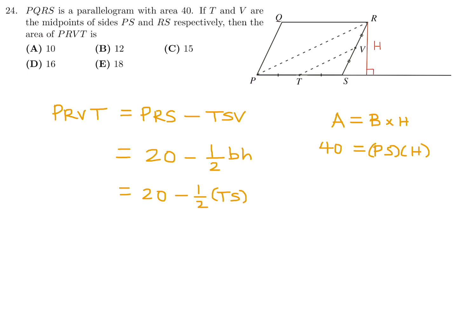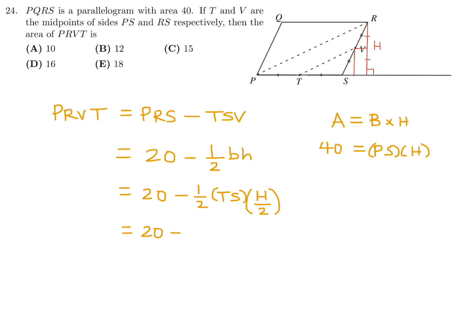So since V is the midpoint, if you drew a line from V to H, it cuts H in half, meaning this is the same as that. So the height of that, which is from there to there, is essentially going to be half of H. So this height is H over 2. All right?